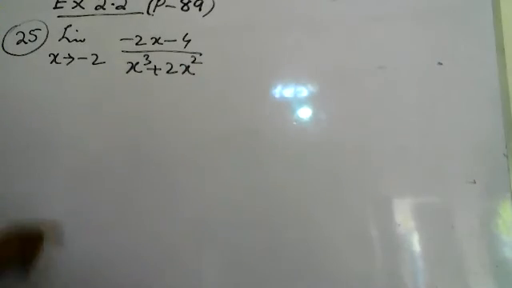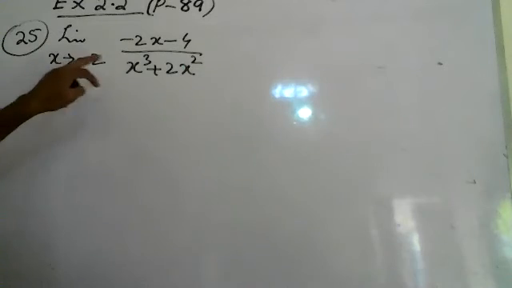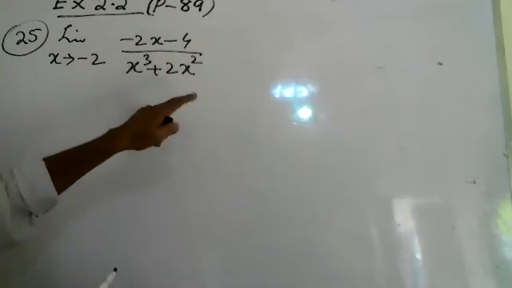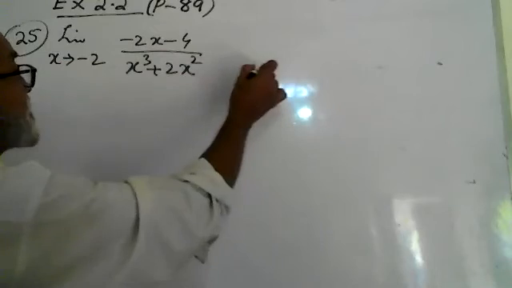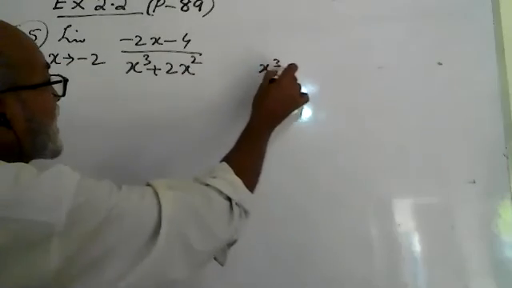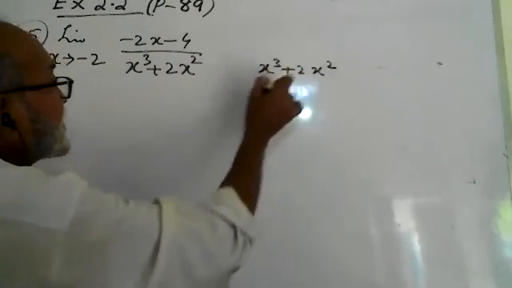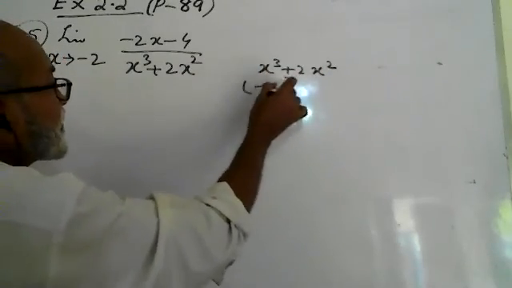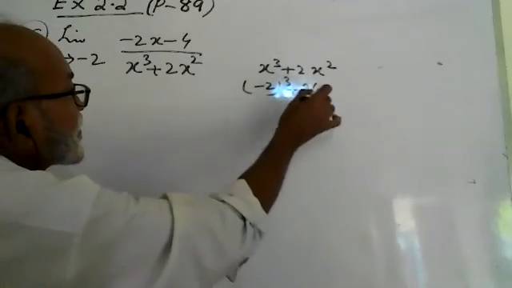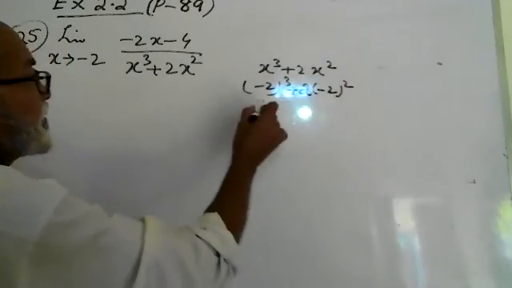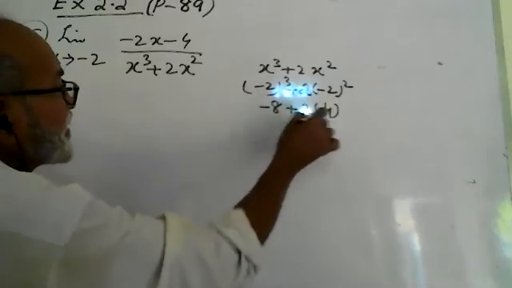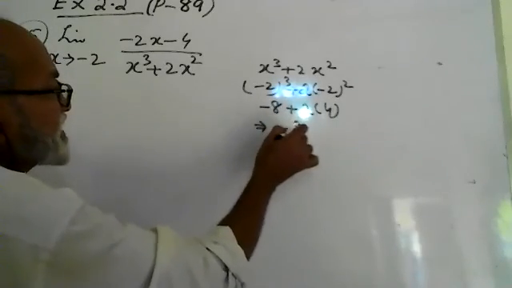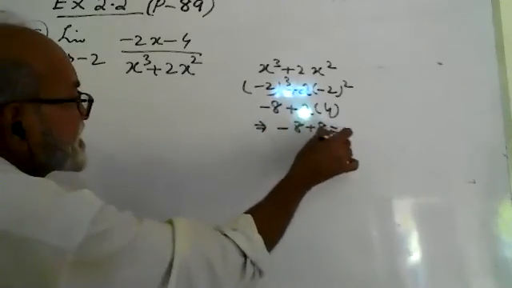If I put directly, we will check in the denominator only. So x cube plus 2x square: minus 8, 2 into 4, minus 8 plus 8. The answer is 0.